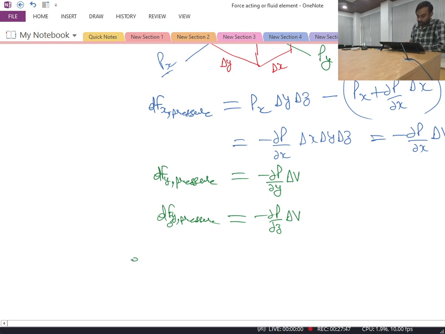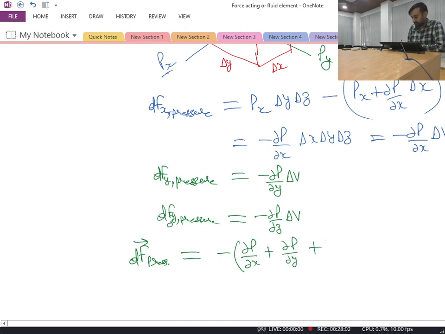Now if I have to calculate the total force which is acting because of the pressure, so this is a dF vector, that will be equal to minus of del p by del x plus del p by del y plus del p by del z into delta v. Okay, so this is the total force which is acting because of the pressure.